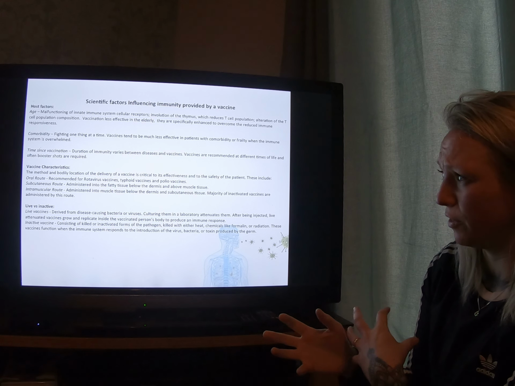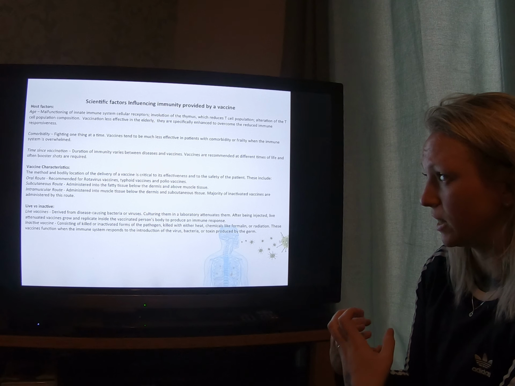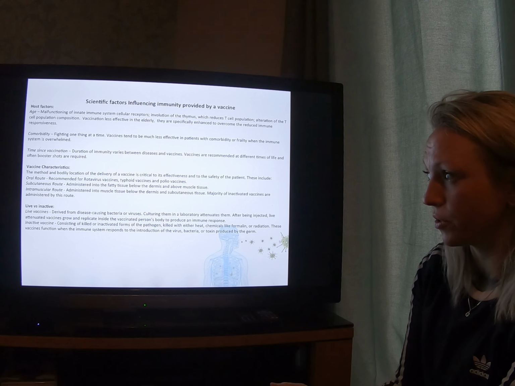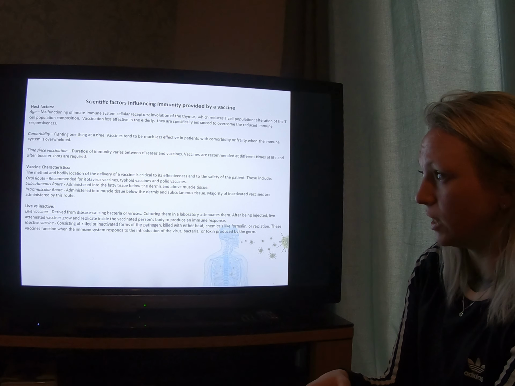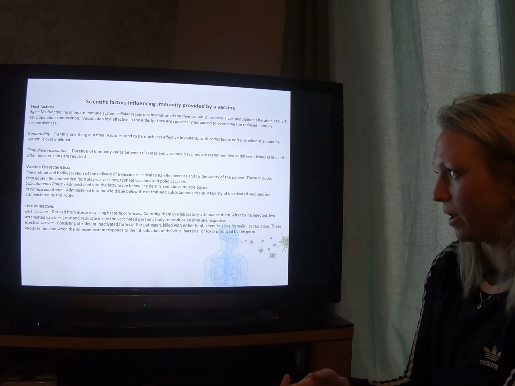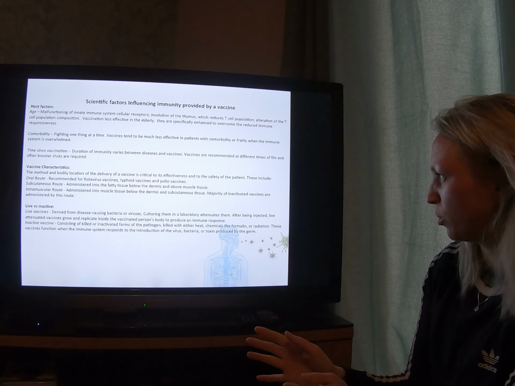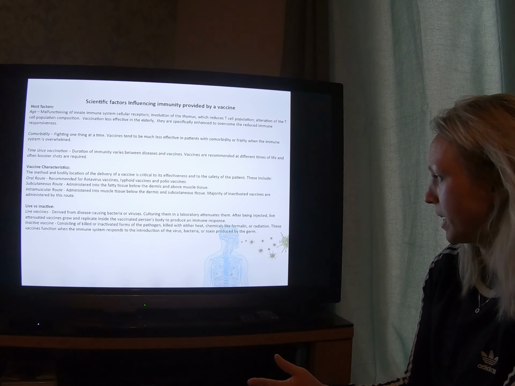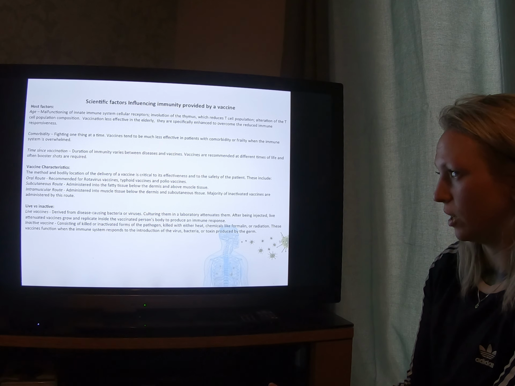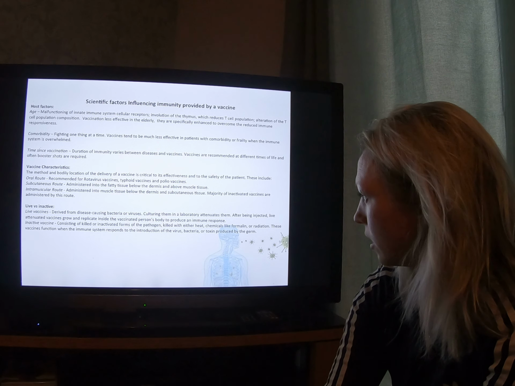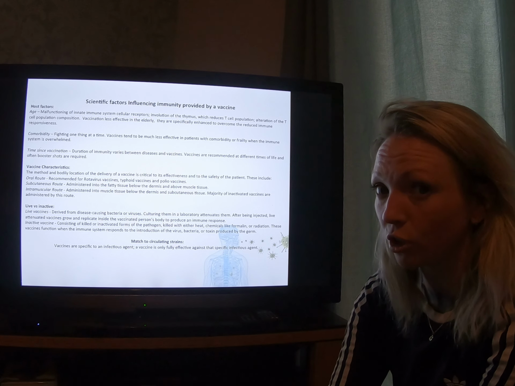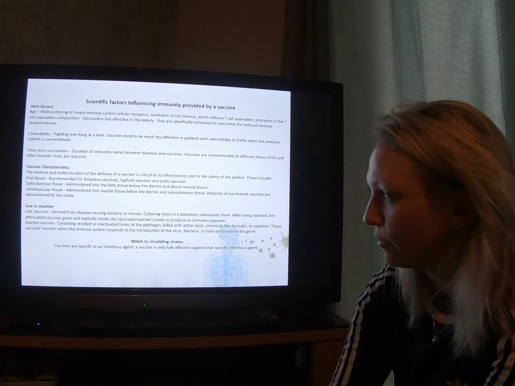After being injected, live attenuated vaccines grow and replicate inside the vaccinated person's body, and that produces an immune response. Inactive vaccines consist of killed or inactivated forms of the pathogen, killed with either heat, chemicals like formalin, or radiation. These vaccines function when the immune system responds to the introduction of the virus, matched to circulating strains, making sure that you've got the right vaccine for the right virus.